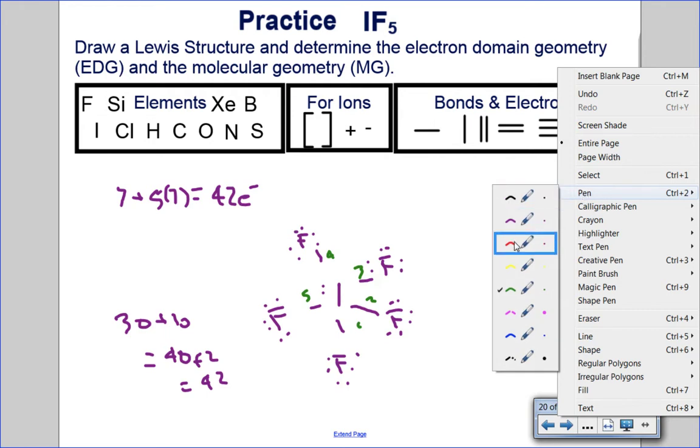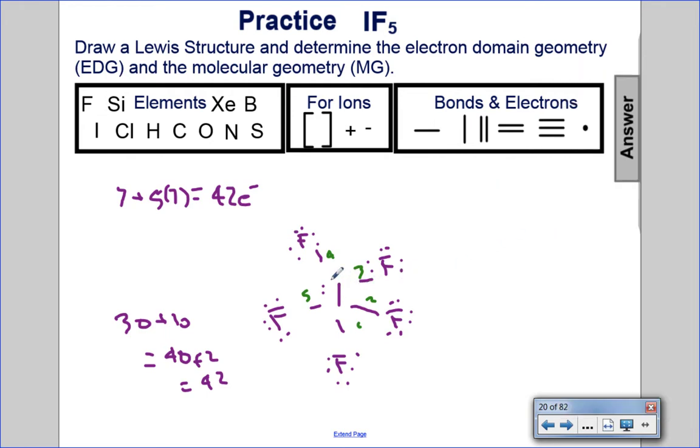Let's get another color to look for this. We got red, and then we have the 1 unbonded pair around iodine. That's the 6th. So the EDG equals 6, the first VSEPR number, equals octahedral. And I may have misspelled that, sorry.